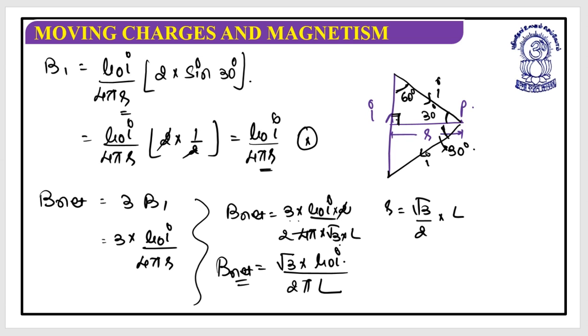Got it? Yes, this is B net, which is equal to root 3 times mu naught I by 2 pi L. I hope this is clear. Is it clear? Are you sure? Great.